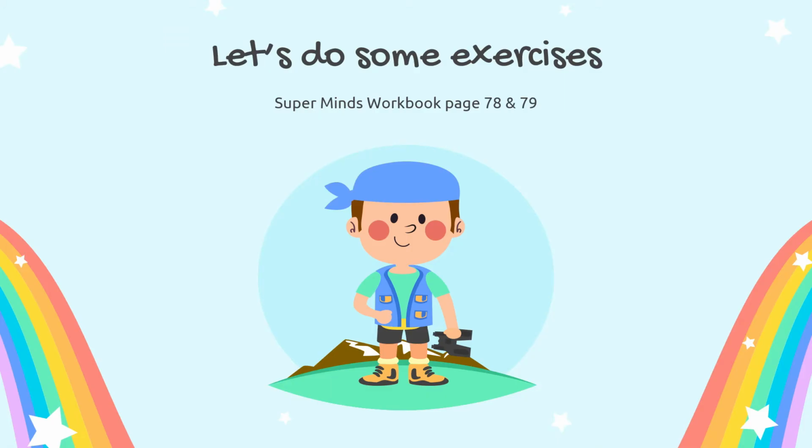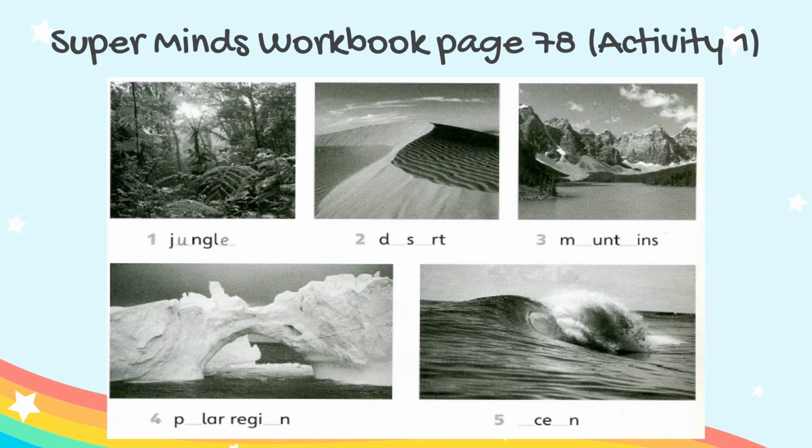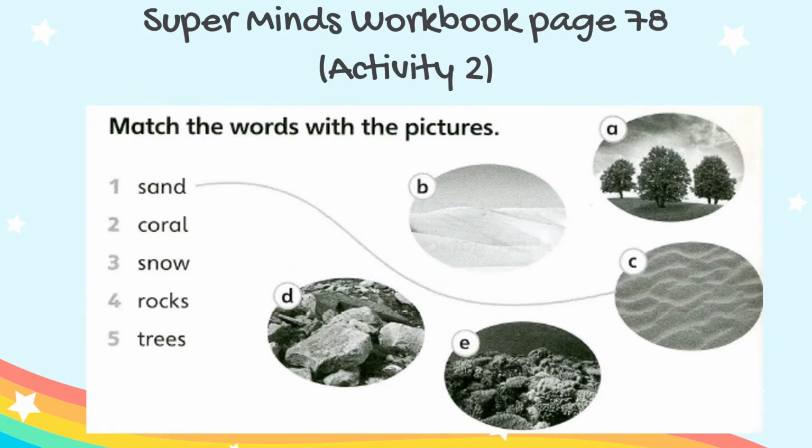Now, let's move on to do some exercises in your Super Minds Workbook, page 78 and 79. In the workbook on page 78, activity 1 is to write the missing letters.